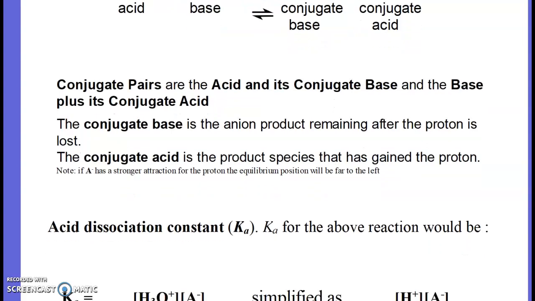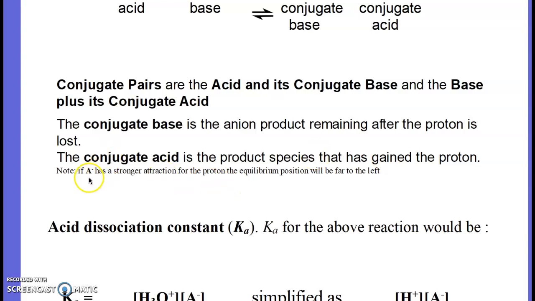It's pretty easy. There's a lot about this in the book, but you want to note some things here. The conjugate base remains after the proton is lost. The conjugate acid is what gains the proton, so they're just opposites.